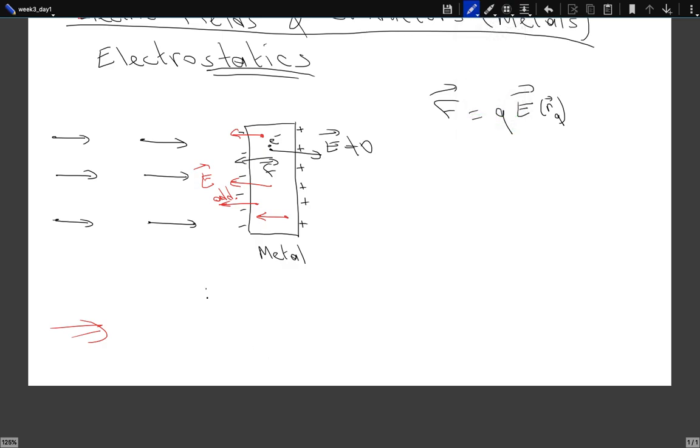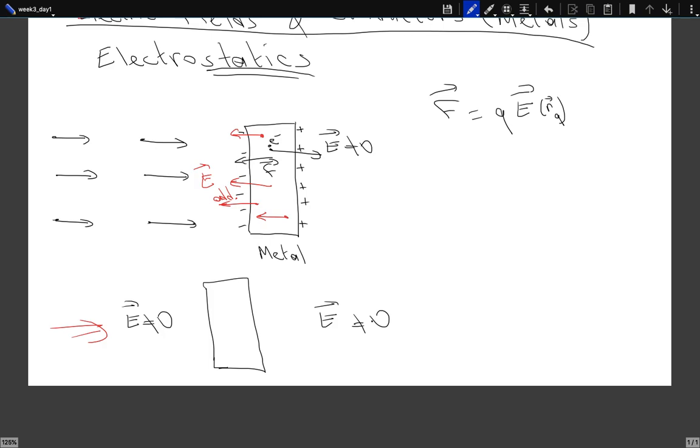When the system reaches statics, so this is our metal. Outside the metal, the electric field will be non-zero, basically because we are applying an external electric field. Here we have two parallel plates, and in the two parallel plates, the electric field is non-zero only in the inside.